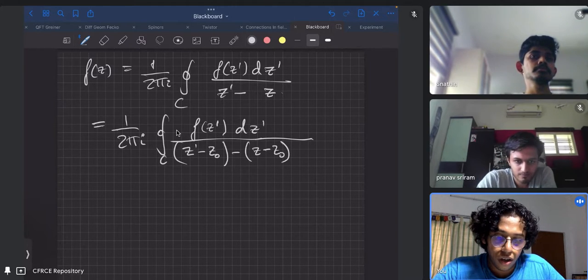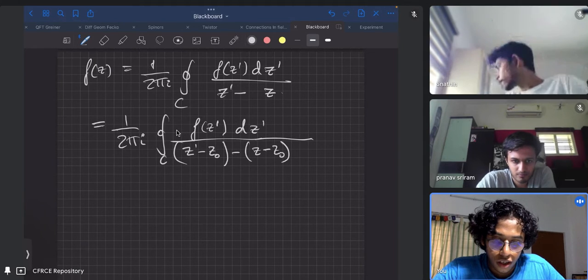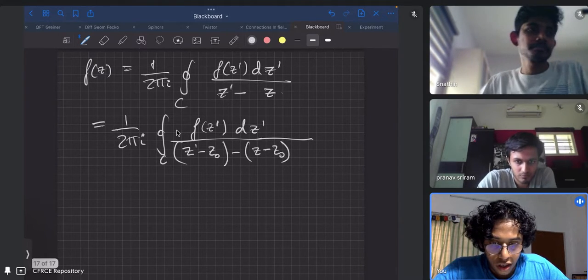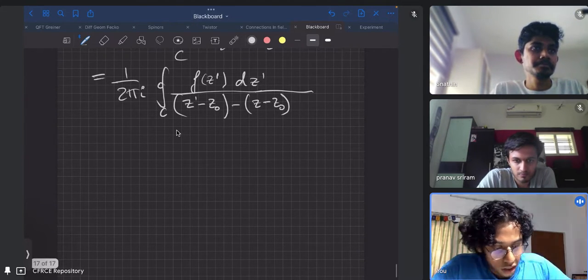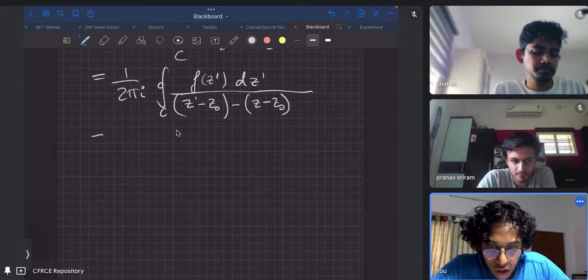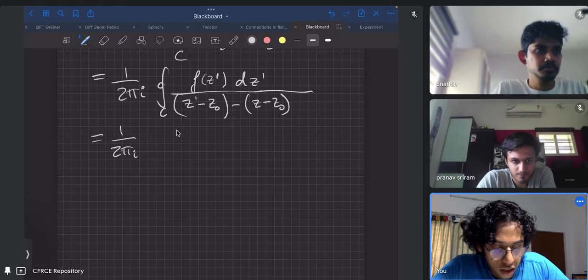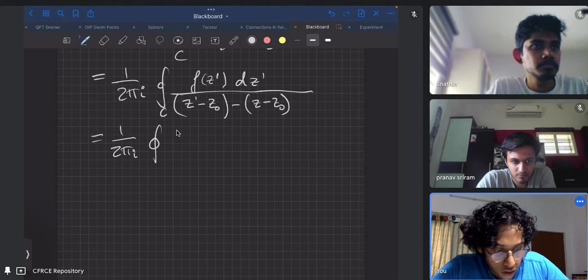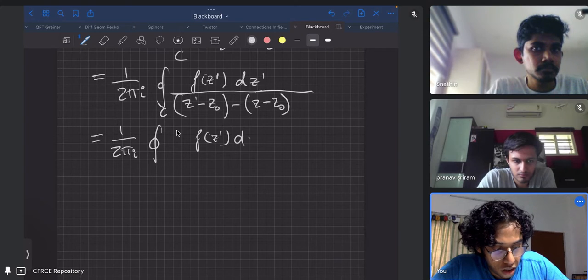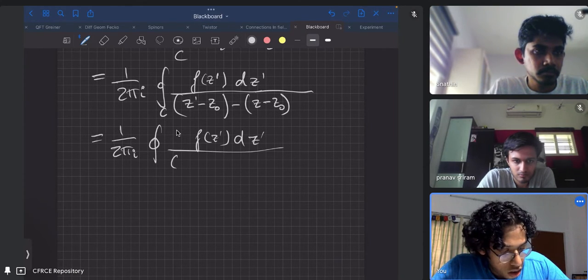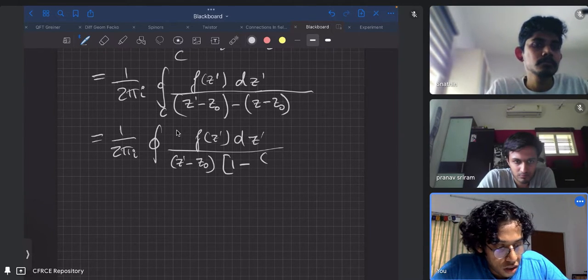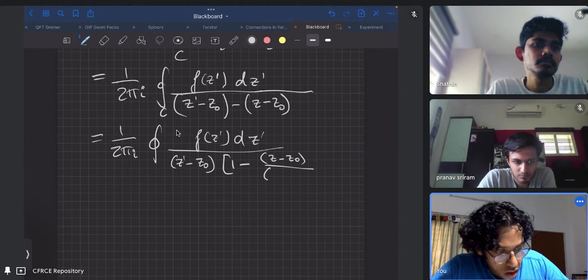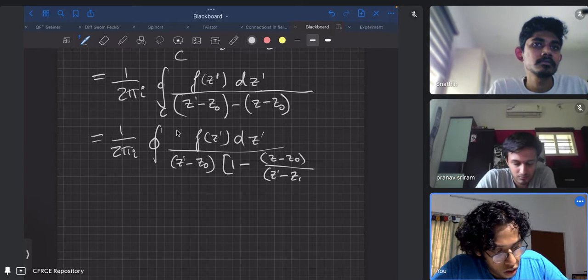Now looking at this, we can represent this integral and further write it down as 1 by 2 pi i, f of z prime dz prime by z prime minus z naught, into 1 minus z minus z naught by z prime minus z naught.